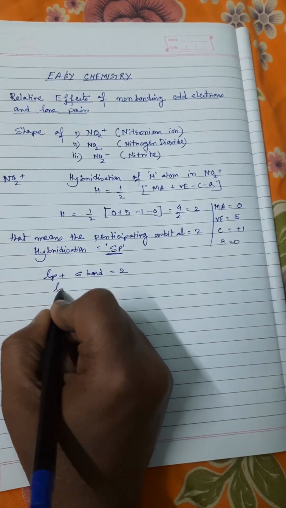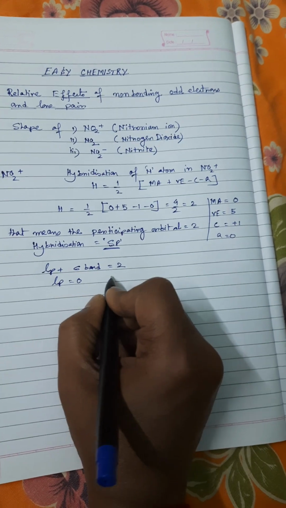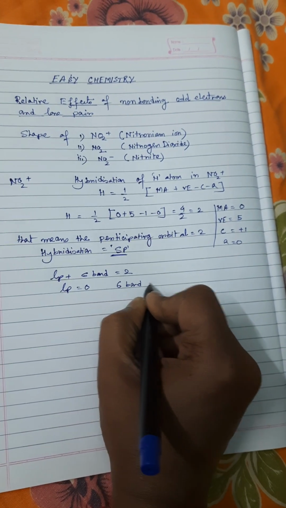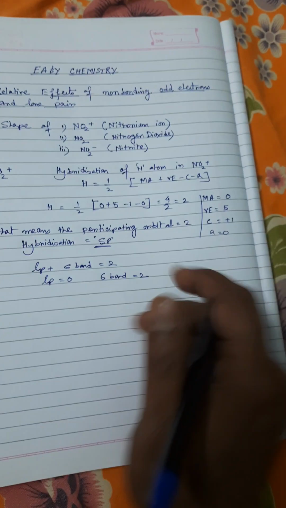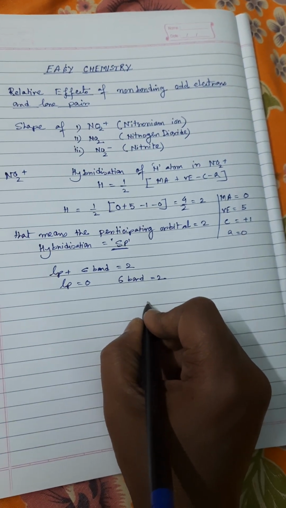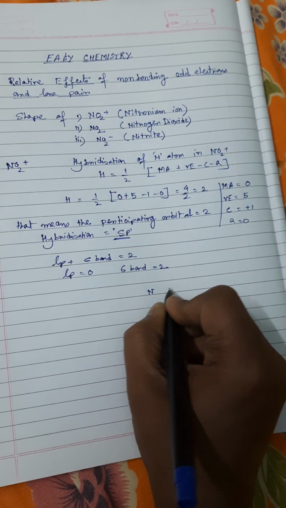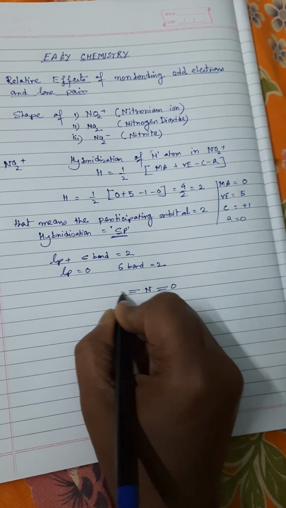So the number of lone pairs equals 0 and sigma bonds equals 2. The shape of this is linear.